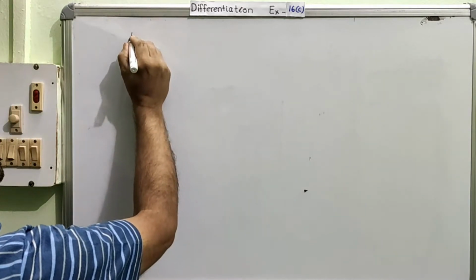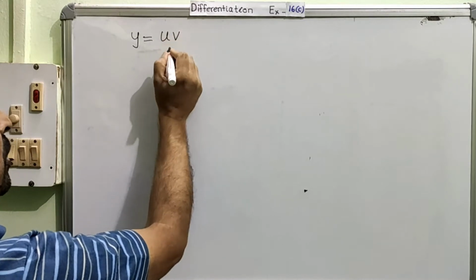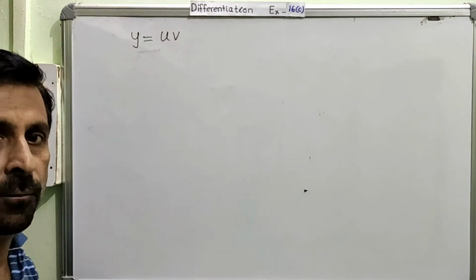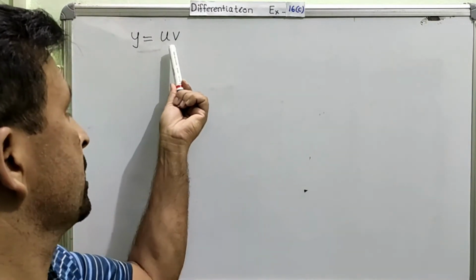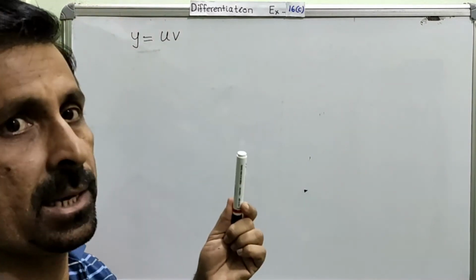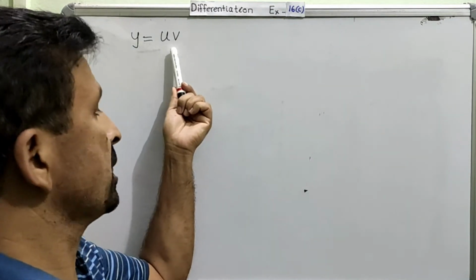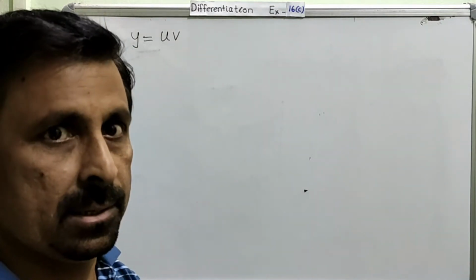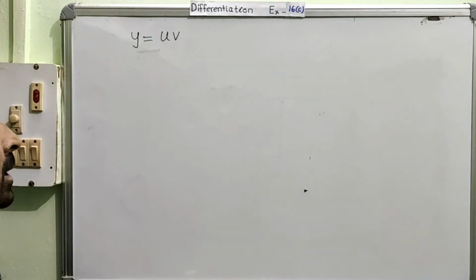If your function is in the form of u into v, where u and v are any two functions, and between the two functions there is a multiplication sign. If there is no sign, it means there is a multiplication sign. So if we have such a function, how can we differentiate? This is called the product form. Derivative of product form.